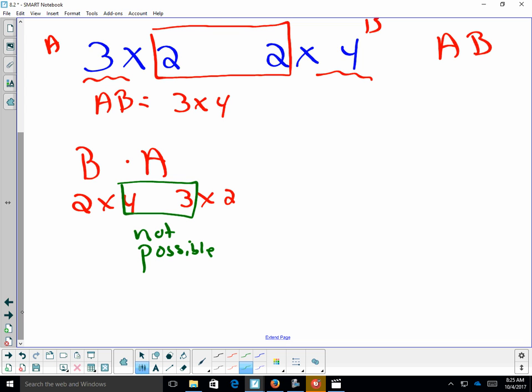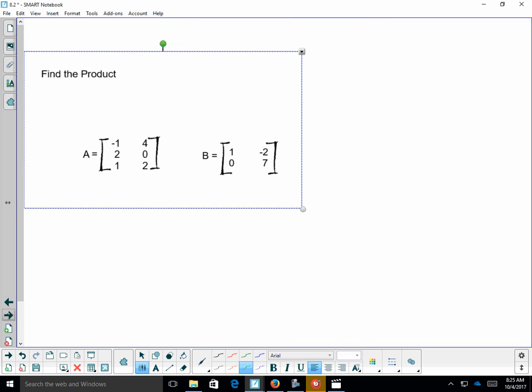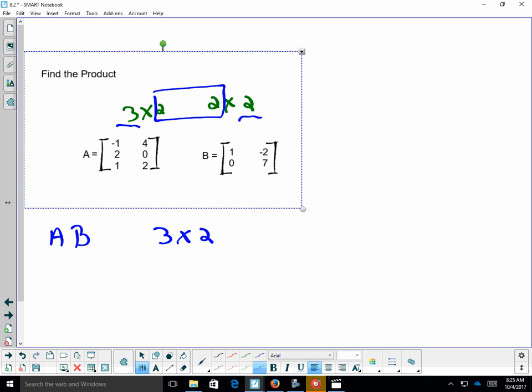So let me show you why that works. We'll do a very simple one. So I'm going to try and find the product. I have A here, a 3×2, and I'm multiplying it by B, which is a 2×2. These two match, so that means that I can multiply it. When I multiply A times B, I'm expecting my answer to be a 3×2, which is what is left out here.